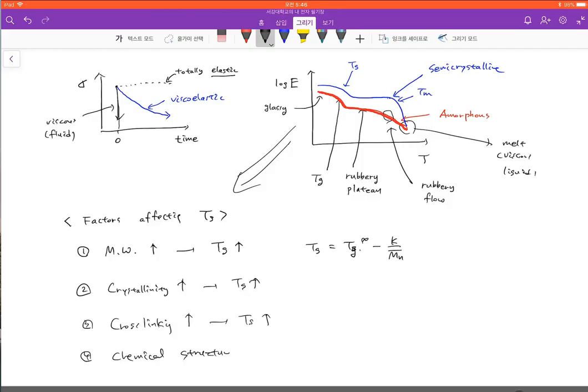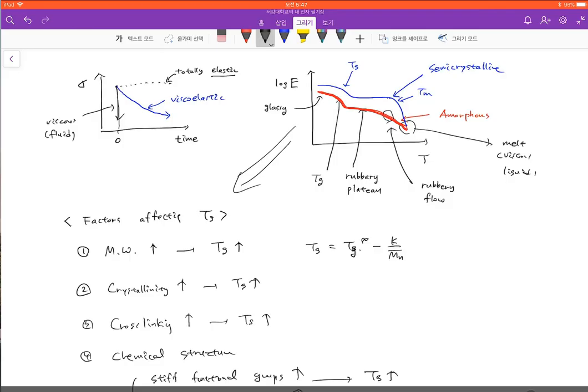Chemical structure. If there are more stiff functional groups, or more intermolecular force between chemical groups, Tg will increase.